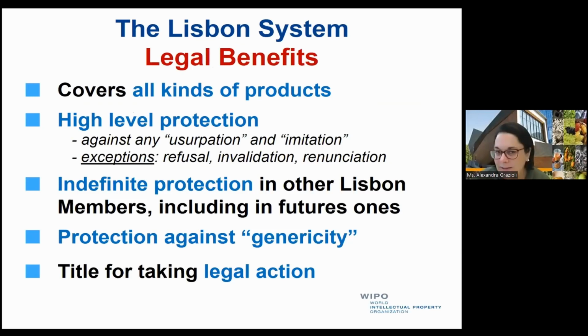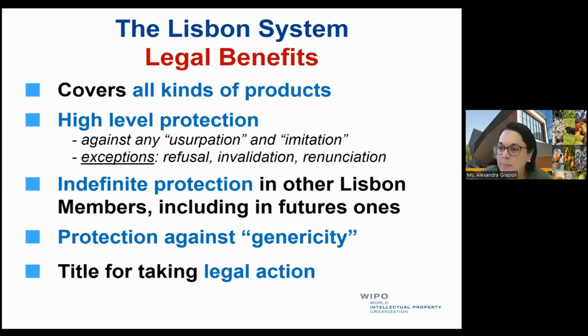Once your geographical indication is registered in the Lisbon system, you obtain a very high level of protection from an international standard point of view, because your GI will be protected against any usurpation or imitation. This means the GI cannot be used on products that do not come from the region corresponding to the GI, and which also do not meet the requirements for production and quality of the product. So this is a very strong protection.